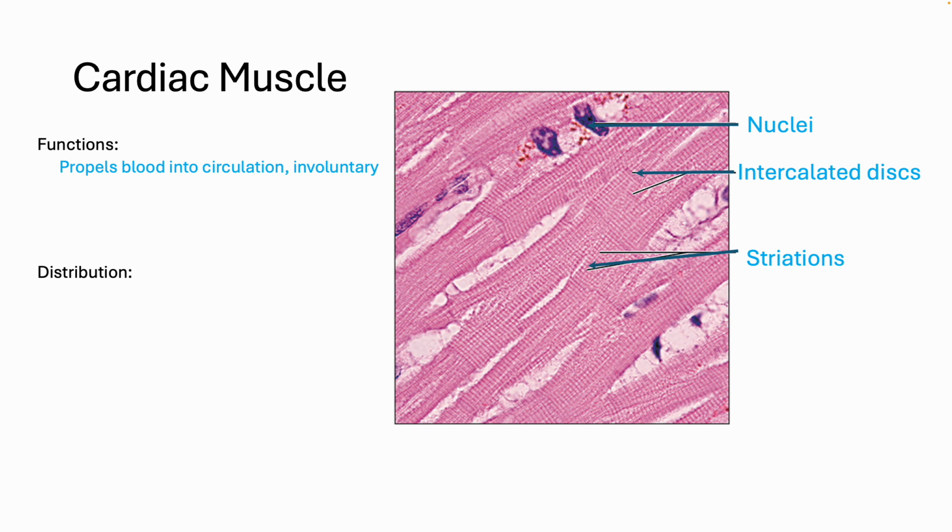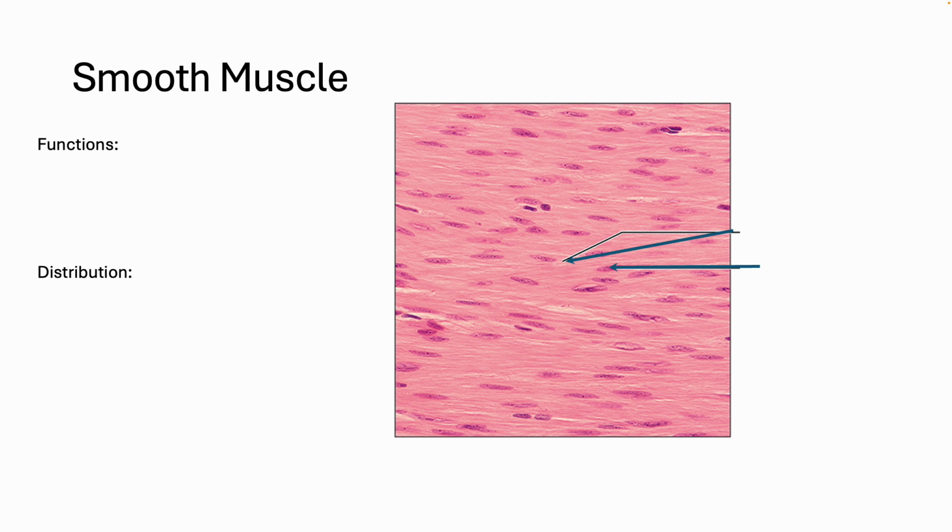Functions: it's going to be found in your heart, and thus will help to propel blood throughout your circulation, or blood into circulation. It is a type of involuntary muscle. And then finally we have smooth muscle. Smooth muscle is going to be uninucleate.